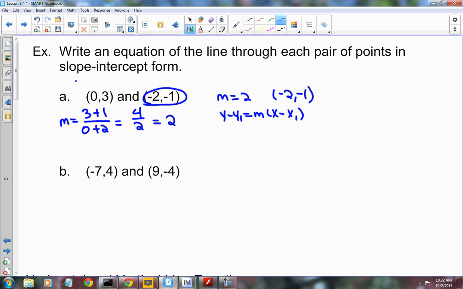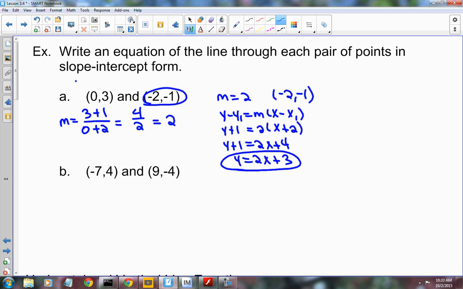And I'm going to do y plus 1 equals 2 times x plus 2. And I'm going to distribute: y plus 1 equals 2x plus 4. And so y ends up being 2x plus 3. And so that's my answer in slope-intercept form.